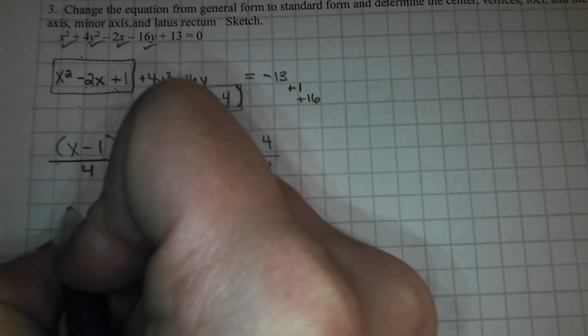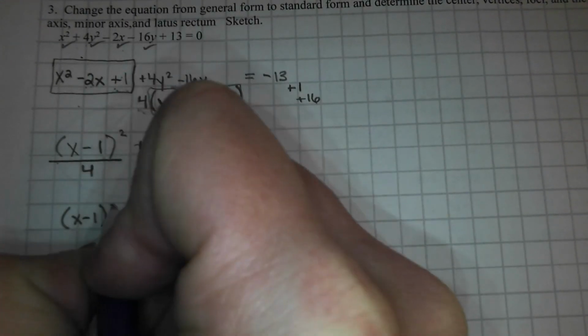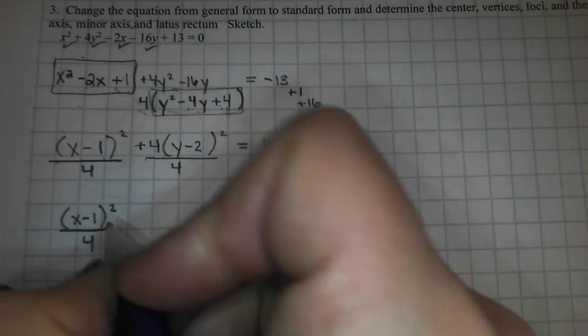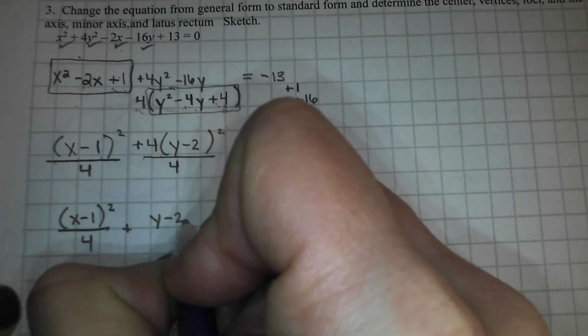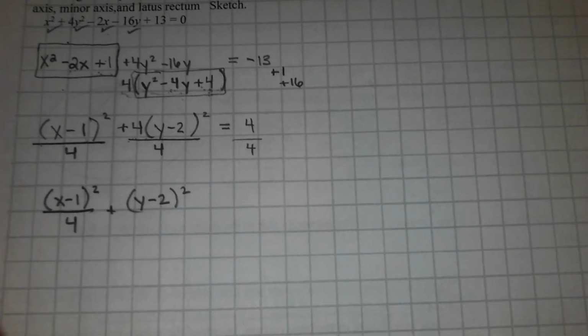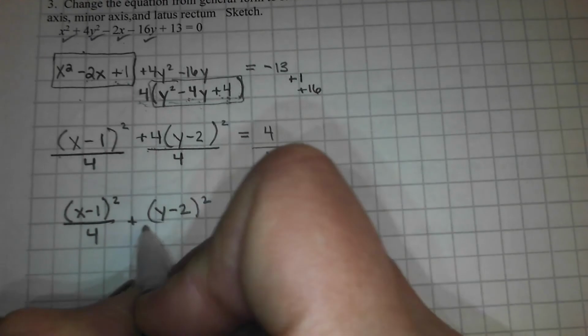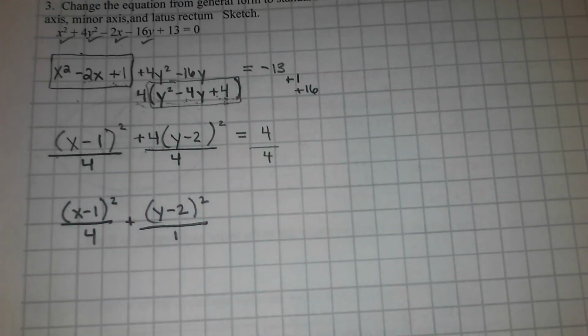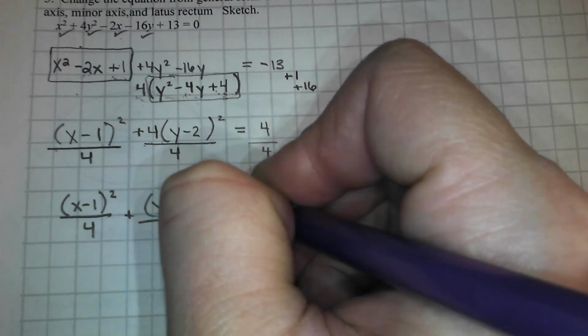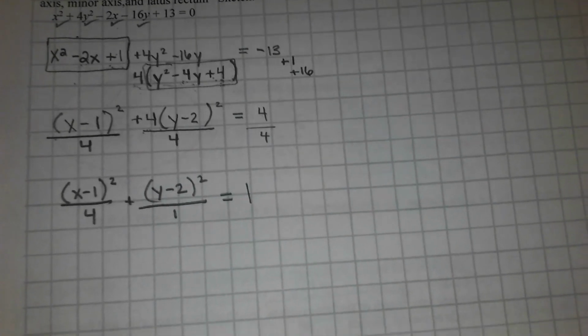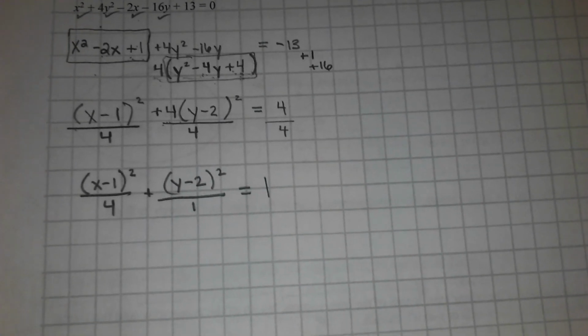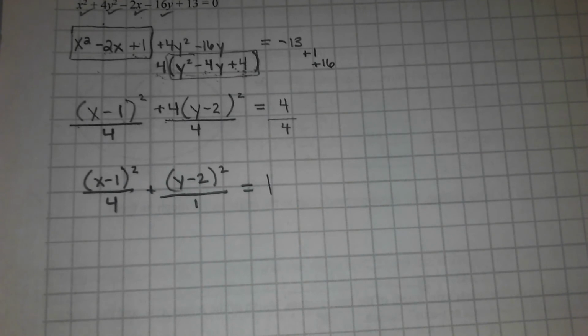which is going to make x minus 1 squared over 4. This one's going to be y minus 2 squared. Technically, I don't need to write it over anything, but I'm just going to write it over 1 just to keep it clear. And then this equals 1. So, the main features we should start with.